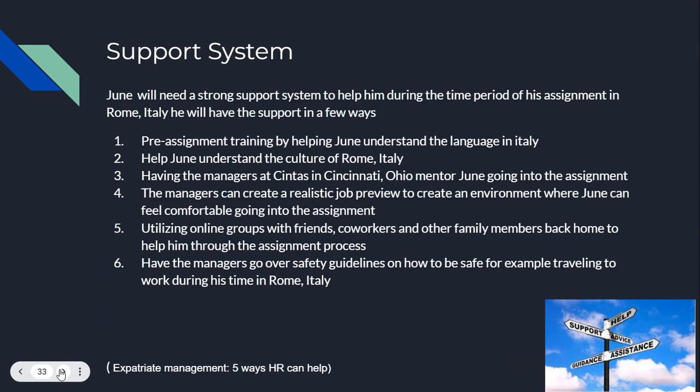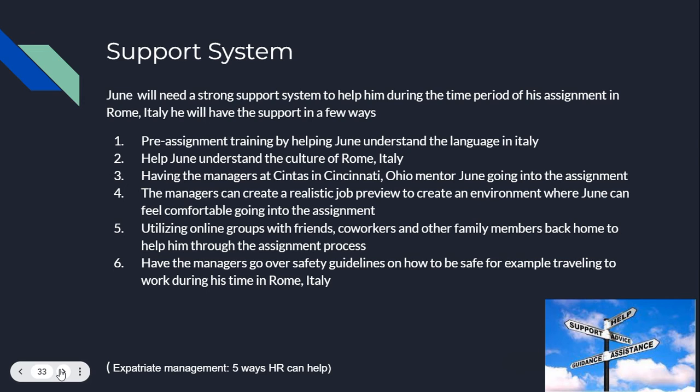So what they would do to support the expatriate is a pre-adjustment training by helping June understand the language in Italy and the culture of Rome, Italy. Having the manager at Centos in Cincinnati, Ohio mentor June going into the assignment.